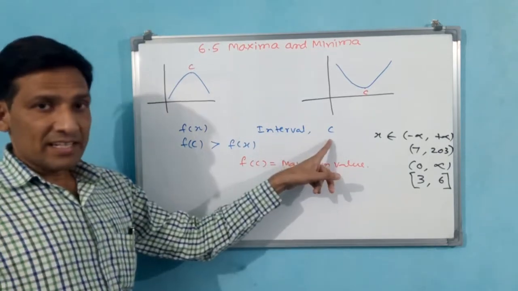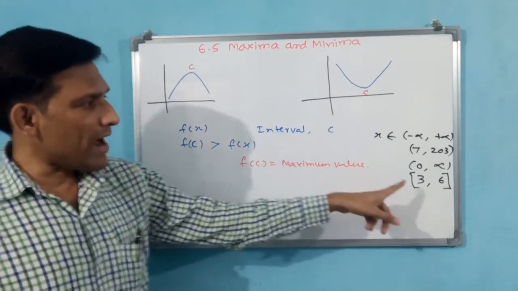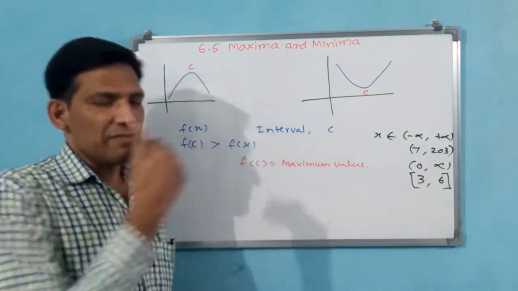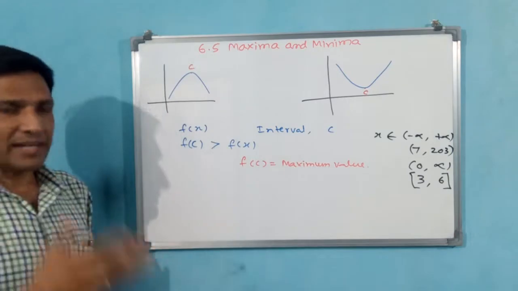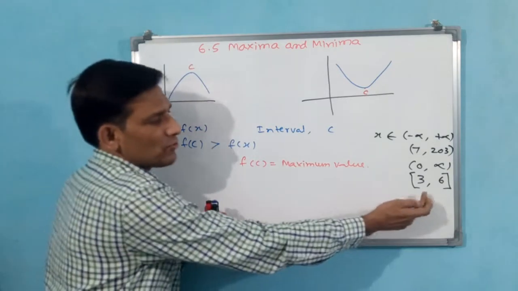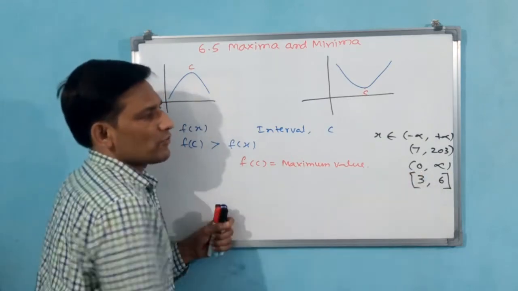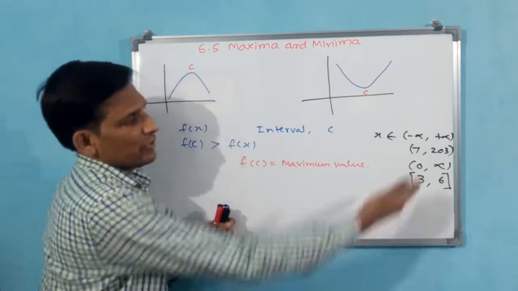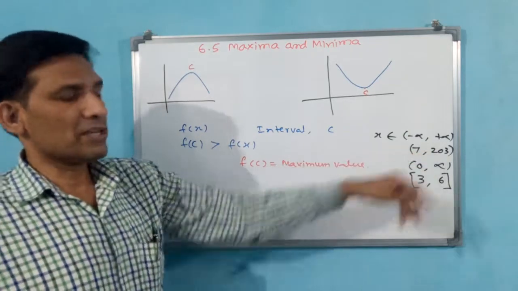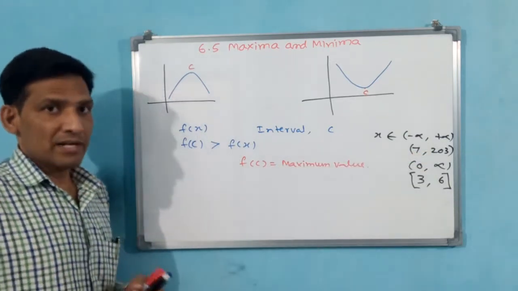What is c here? c is any point in this interval. It may not be exactly at the center. It may be nearest to 3 or nearest to 4, nearest to 0 or nearest to infinity, nearest to 7 or nearest to 2 or 3, or the middle of them, any point.